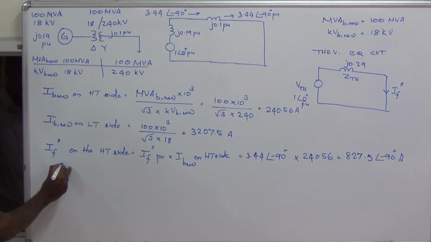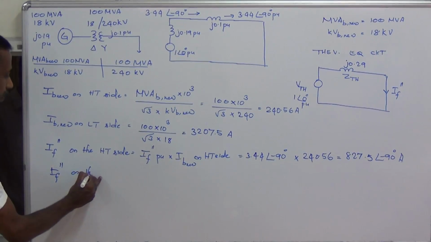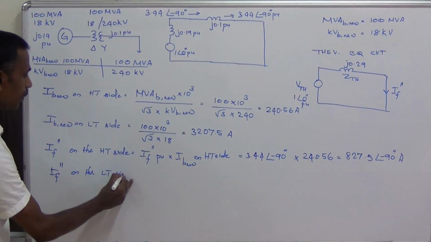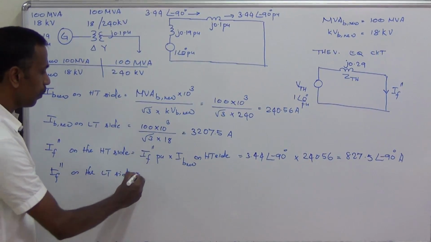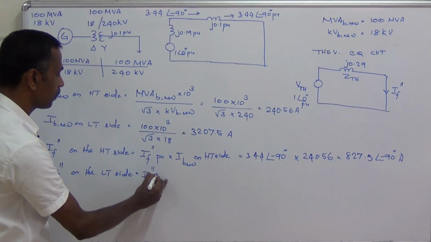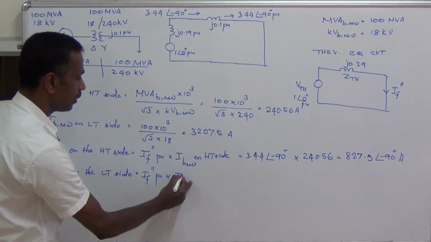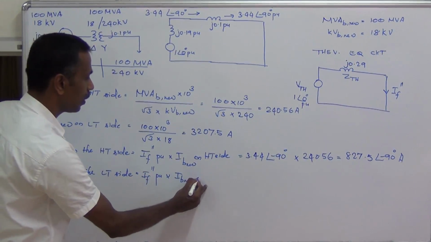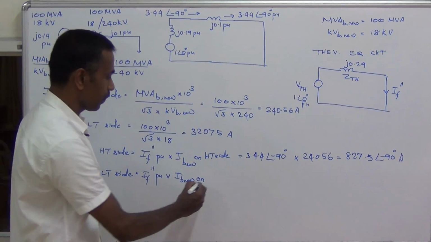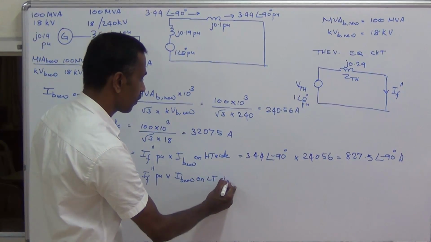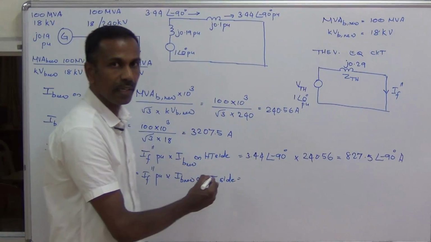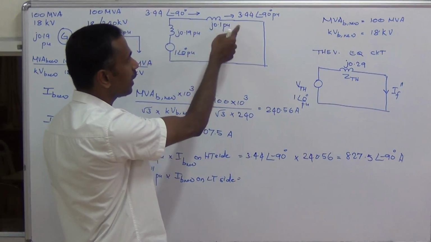The fault current on the LT side is equal to the per unit fault current into IB new on the LT side. The per unit current is the same on both sides of the transformer.